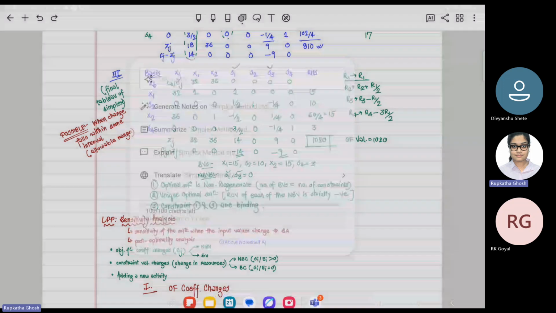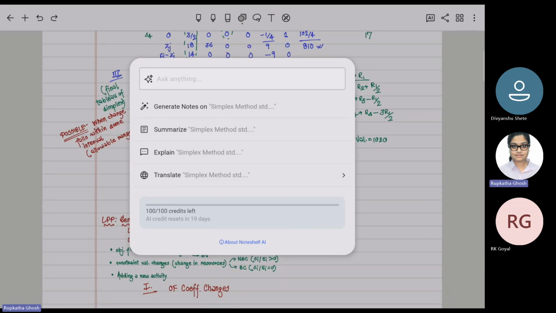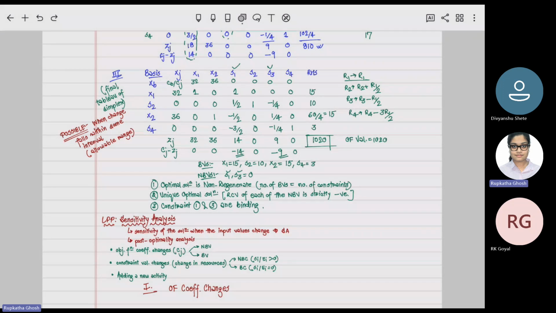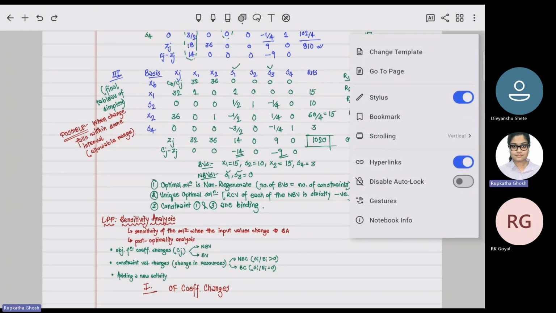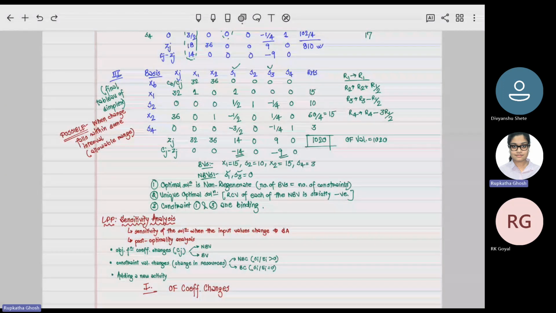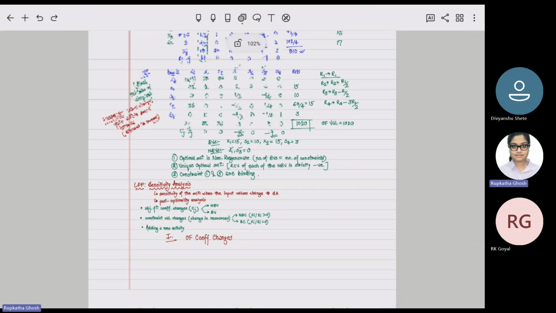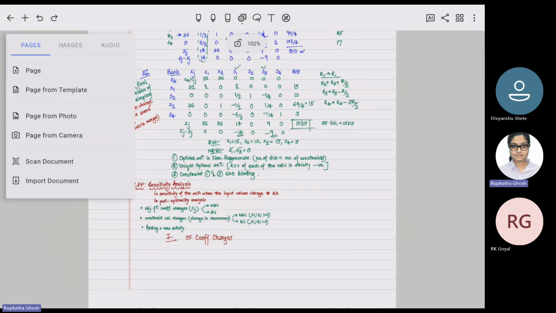I'm sorry. Can I copy this? No, I guess I cannot. Okay, no problem. I will just add another page.